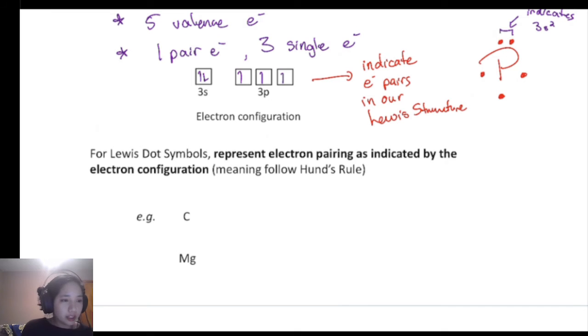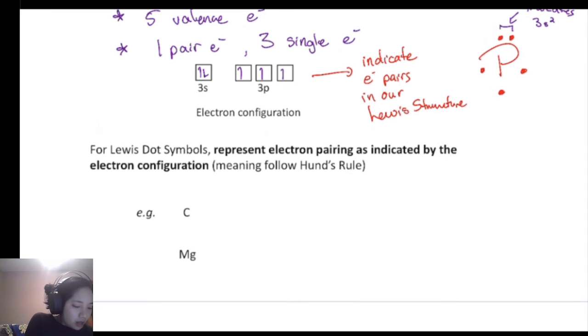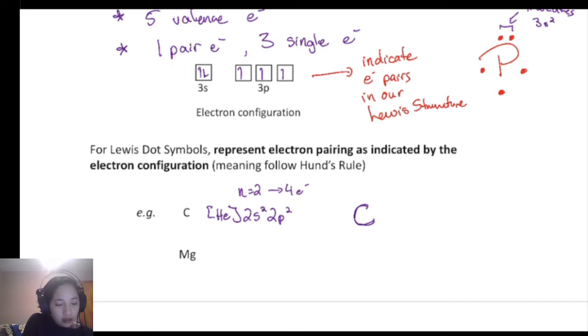If we do this really quickly for carbon, its electron configuration is helium, 2s2, 2p2. Carbon's highest energy level is n equals 2, so there are 4 electrons there. We're going to have 4 dots around carbon. Remember in the back of your mind how those electrons will fill. Two of them are in an s orbital, so I can draw it like this.